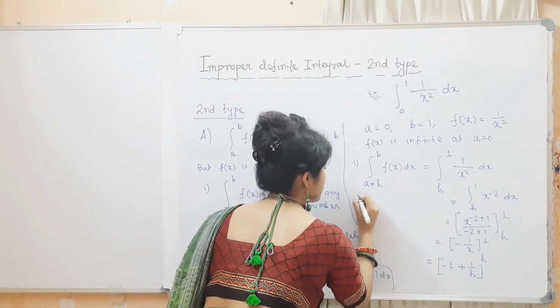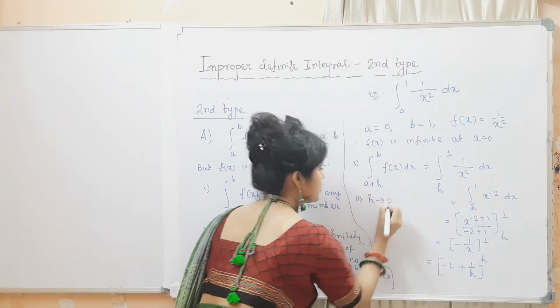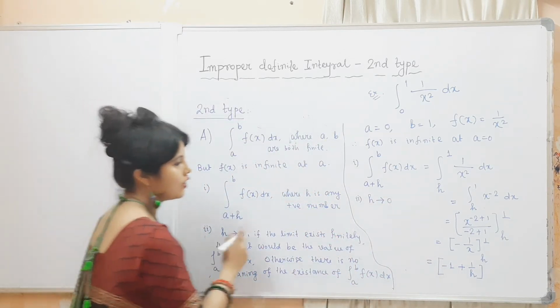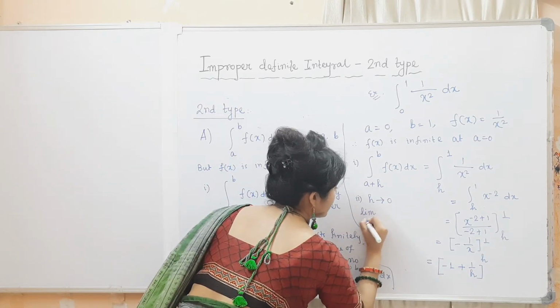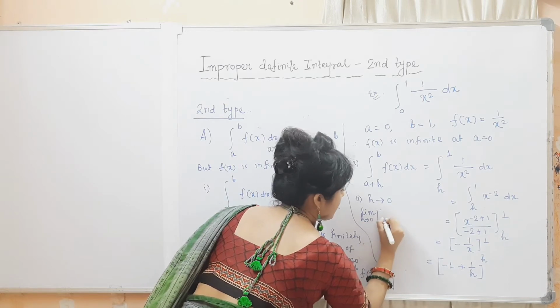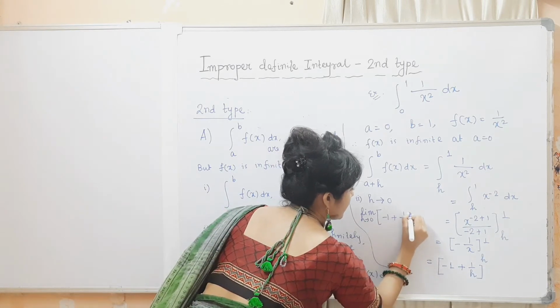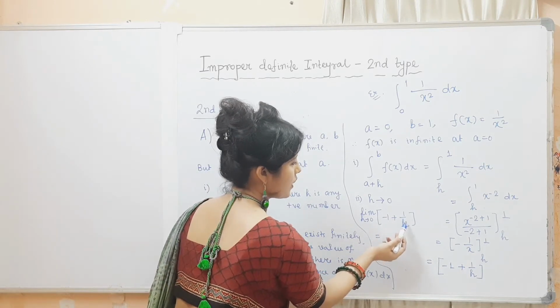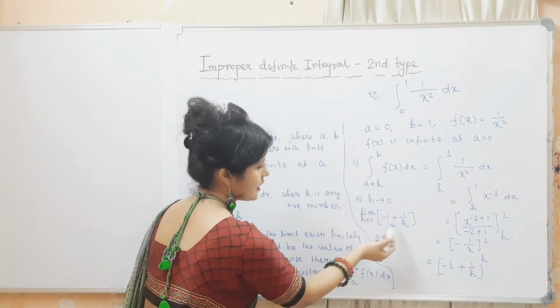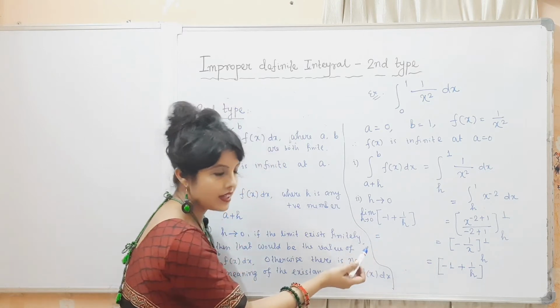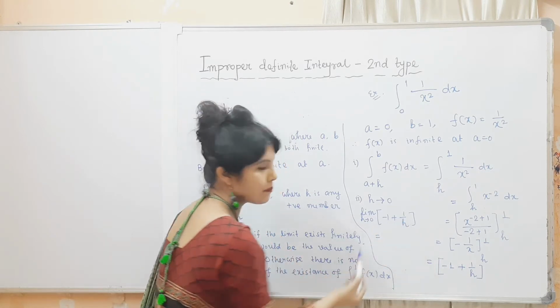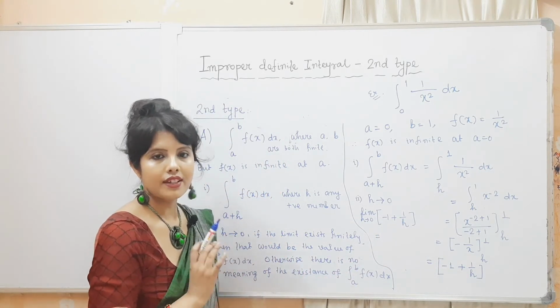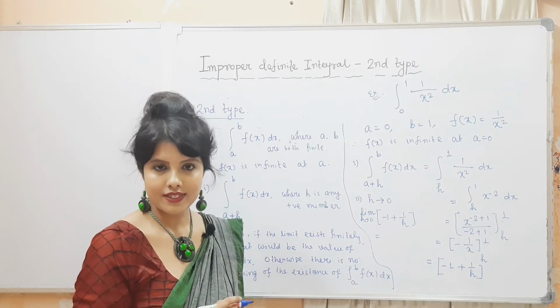Now the second step is I have to take h tends to 0, the limiting value. So the limit as h tends to 0 of minus 1 plus 1 by h. This is clearly infinity, because whenever you put 0 in the place of h, it will give you 1 by 0, and whenever you divide something by 0 you will always get infinite.